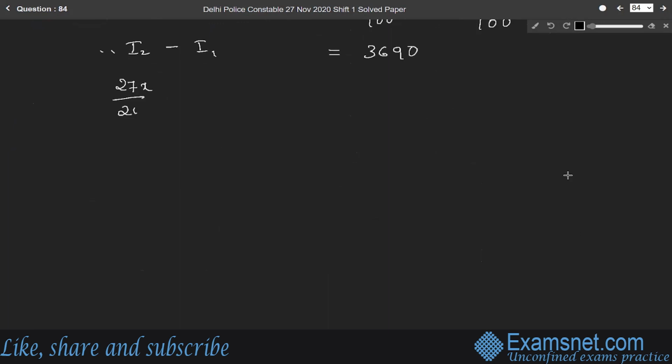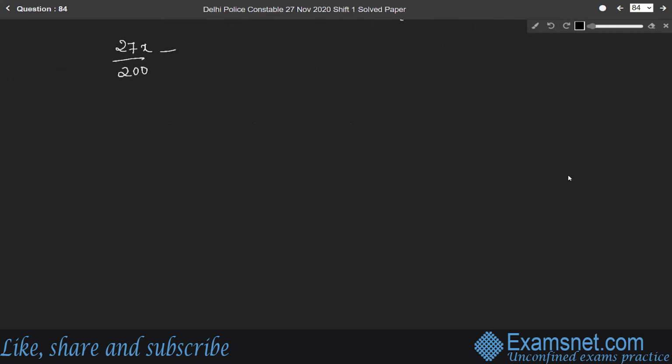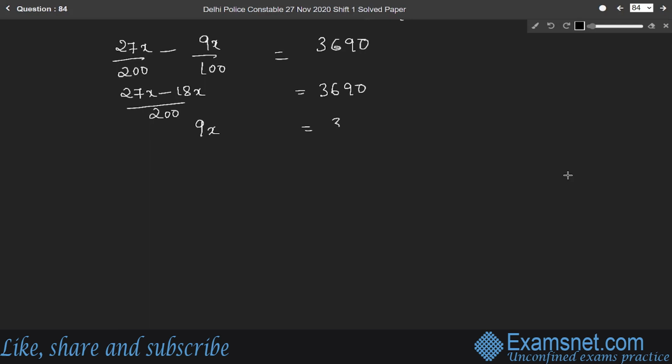So 27x by 200 minus I1, which is 9x by 100, is equal to 3690. Here the LCM is 200. So 27x minus 18x is equal to 3690 into 200. Therefore, 9x is equal to 3690 into 200.